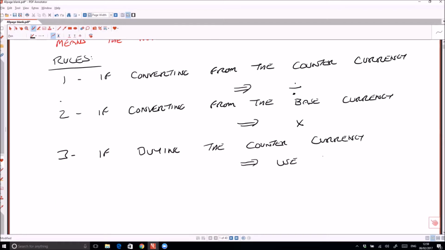Well, therefore, we use the first rate. And what's the opposite of buying? Well, it's selling, isn't it? So I would say, if I'm selling the counter currency, what would I do?